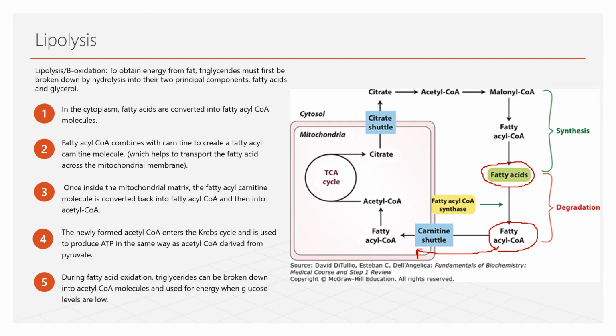This molecule then enters the mitochondria, where it is converted back into fatty acyl-CoA. Then this fatty acyl-CoA will be converted into acetyl-CoA. Finally, the acetyl-CoA will enter the Krebs or TCA cycle to produce ATP.